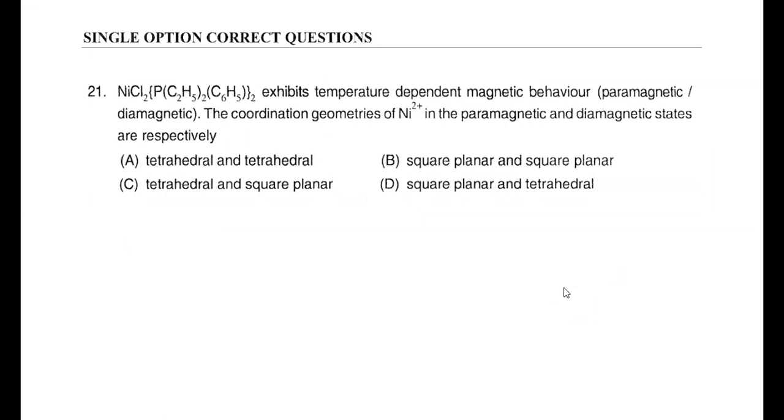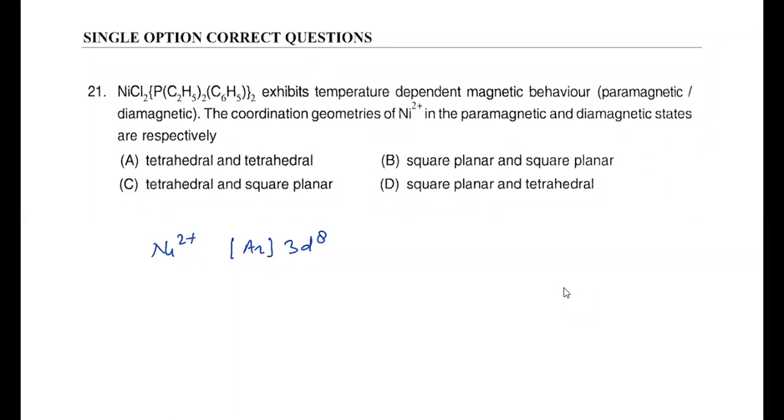so you know, that will be decided with the help of whether it is having unpaired electron or paired electron. So you can easily see that the oxidation state of nickel over here is +2. So as per configuration, it is Argon 3d8.